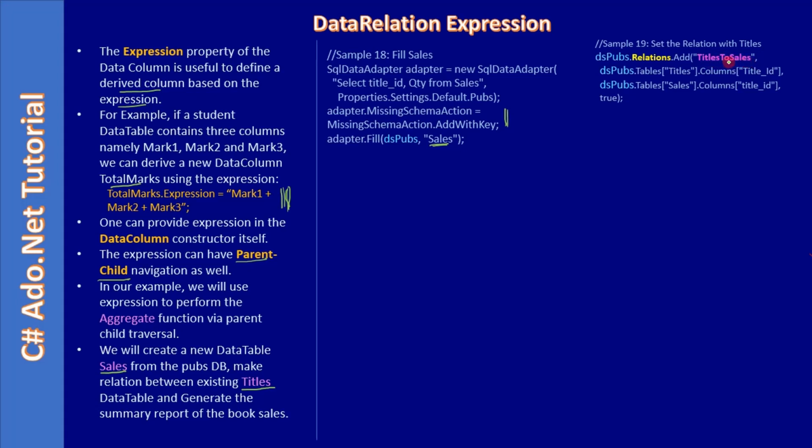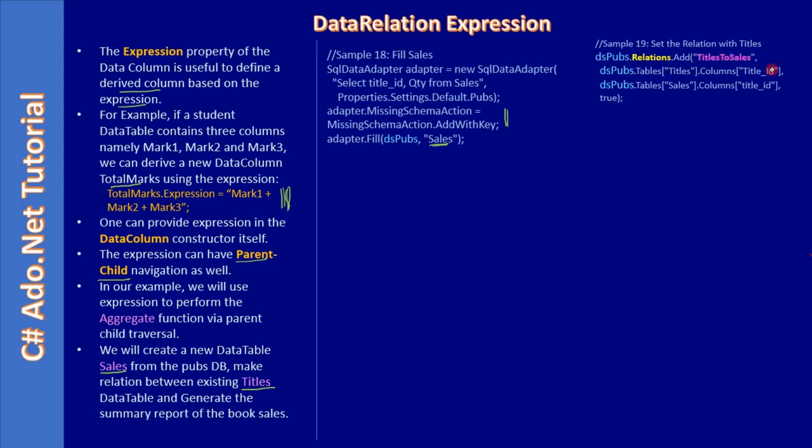By reading this relation title, you can know that titles is the parent and sales is the child, and the navigation direction is titles to sales. However, the reverse direction is also possible by making use of the proper functions that we saw in our previous video also, right? GetParentRow, GetChildRows, or GetParentRows. All those methods you can use.